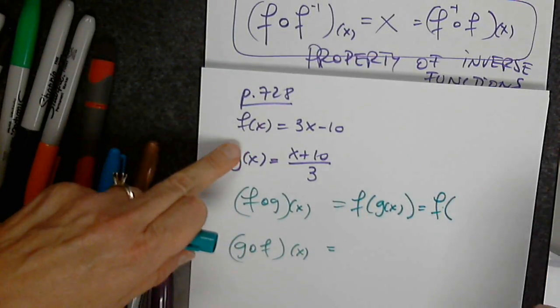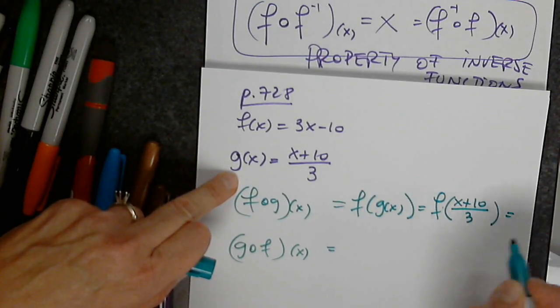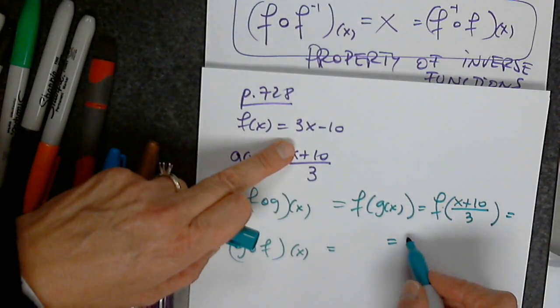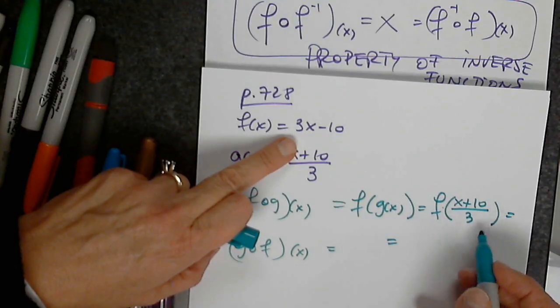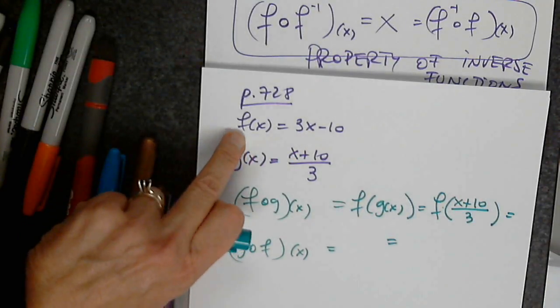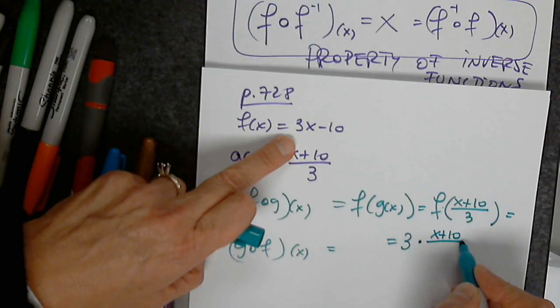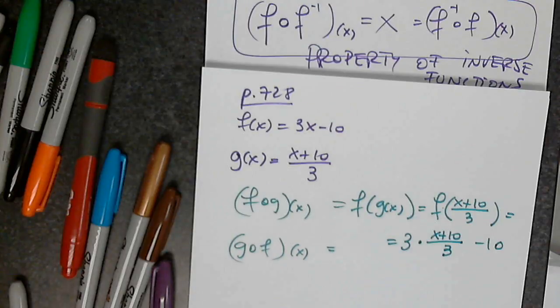Exactly. So f of g of x equals f of (x plus 10) over 3. Now f is 3 times whatever minus 10, and the whatever is (x plus 10) over 3.